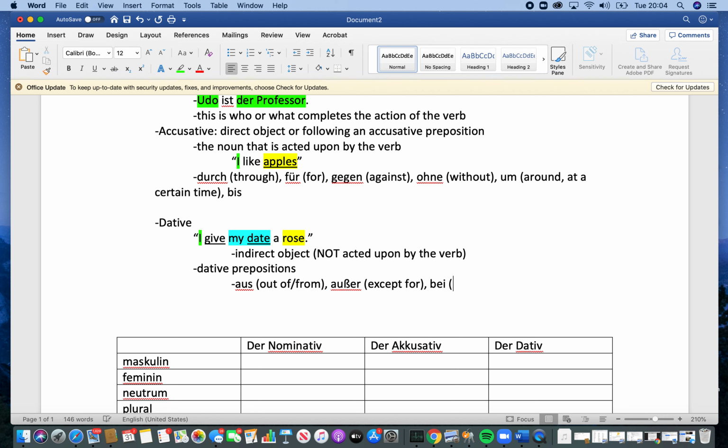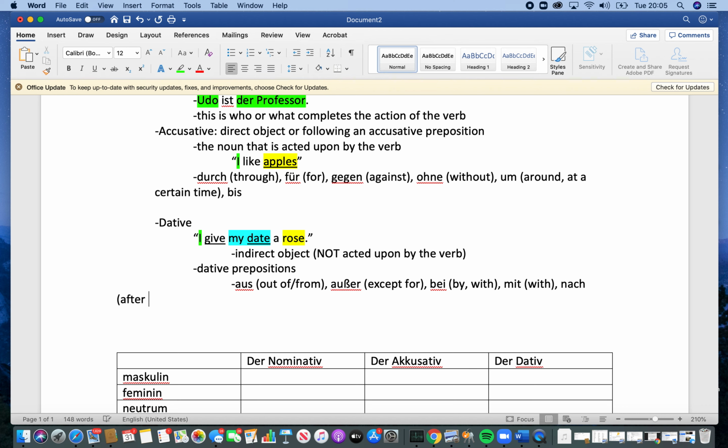Bei, could say by, with, like having something on your person. Mit, with, nach, after, or to a large-scale destination. Let's say to a city.